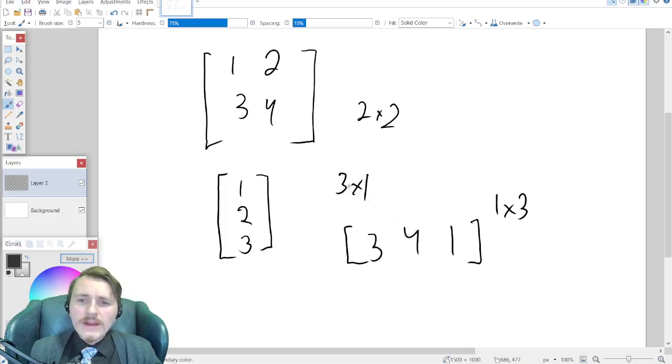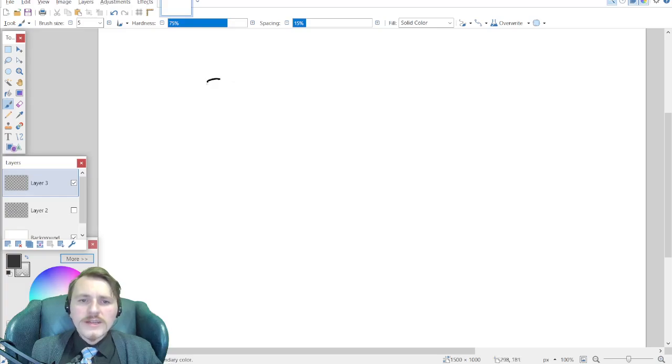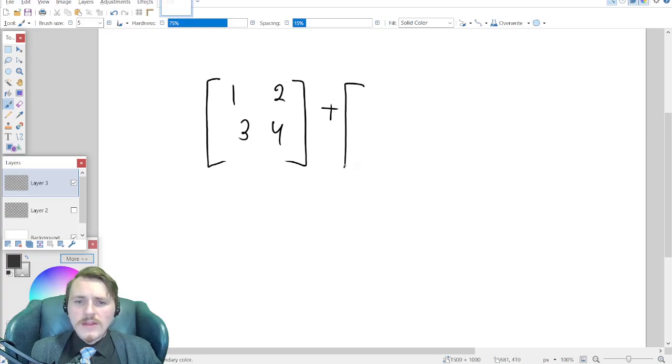Well, if we take 2 matrices, say I'm going to make a new layer here for us. We take 2 matrices. We'll say 1, 2, 3, 4. And another matrix, which is 0, 1, -3, 7.